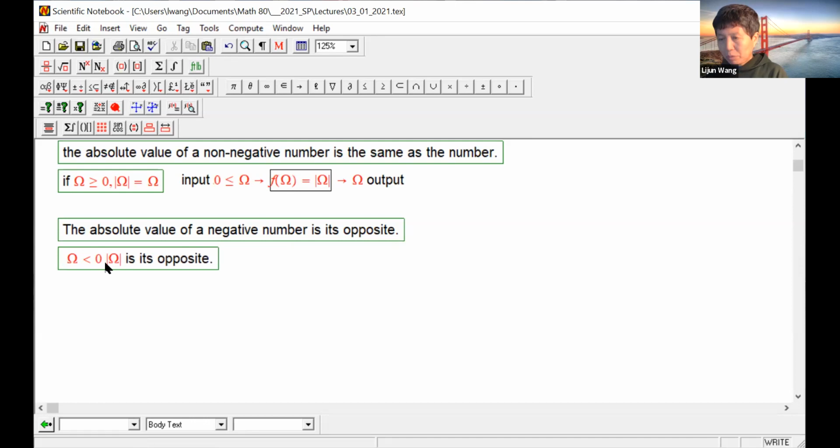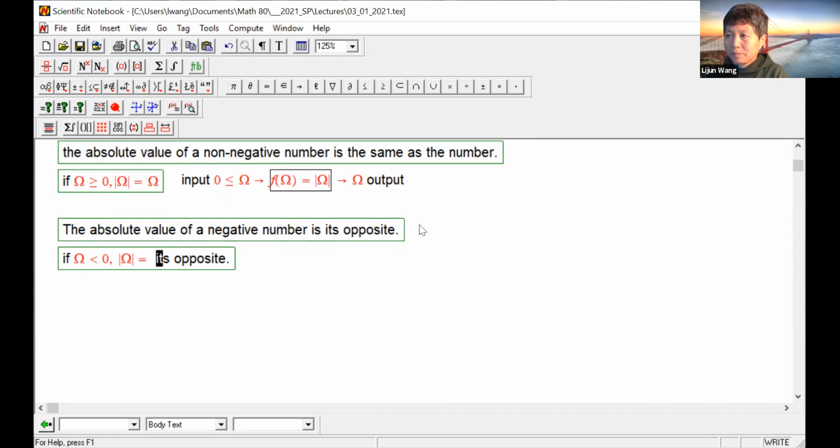We use a little if statement: if omega is negative, then the absolute value of omega is its opposite. The "it" refers to the input.